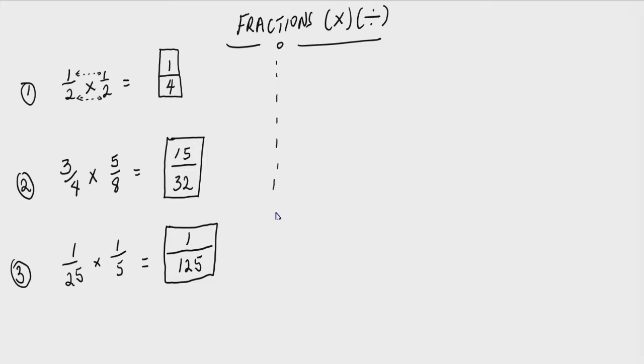So now we move on to division, which is quite different from the rest because you actually have to change the sign. What you want to do is first flip the fraction after the division sign, then change the division to multiplication, and then proceed to work it like you did multiplication.